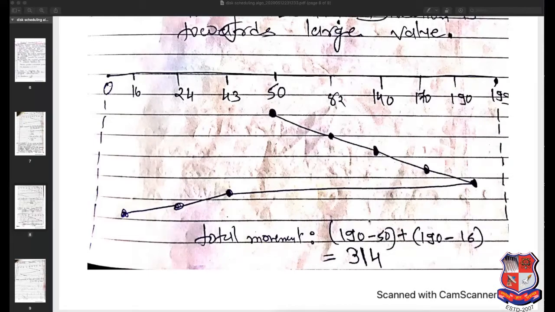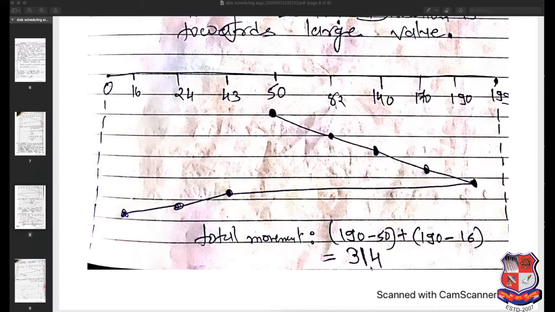We apply this equation: 50 to 82 is 82 minus 50, plus 140 minus 82, plus 170 minus 140, plus 190 minus 170, plus 190 to 43, so 190 minus 43, then 43 to 24, so 43 minus 24, and at last 24 minus 16. Applying this equation, we get 314.